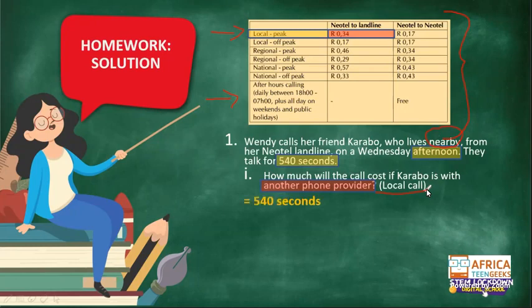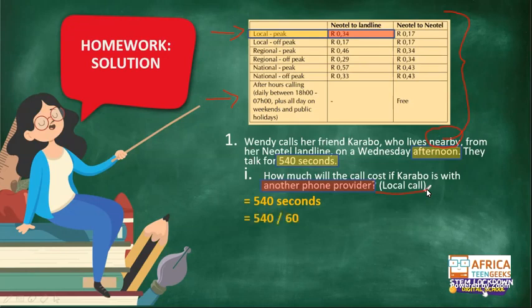Okay, so we know it is 540 seconds. How are we going to change this to minutes? How many seconds are there in a minute? 60 seconds. There we go.